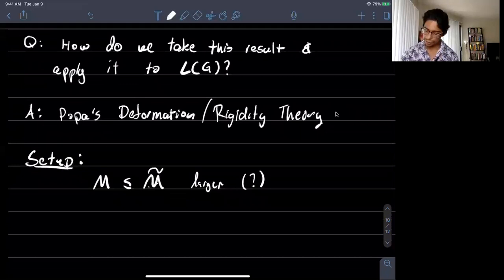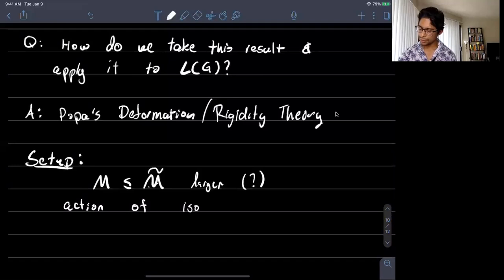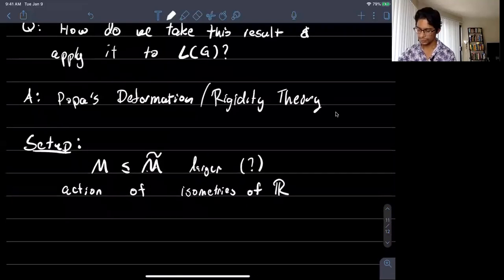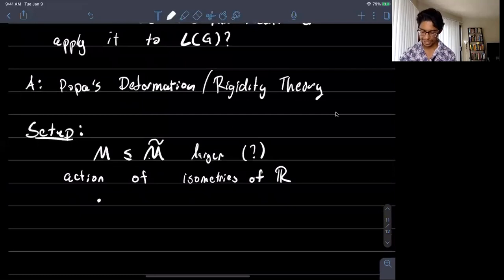And what you do is you should have an action of the isometries of the real line. What that means is you have a couple of things. You have a one parameter group, alpha t, of automorphisms of this larger algebra.